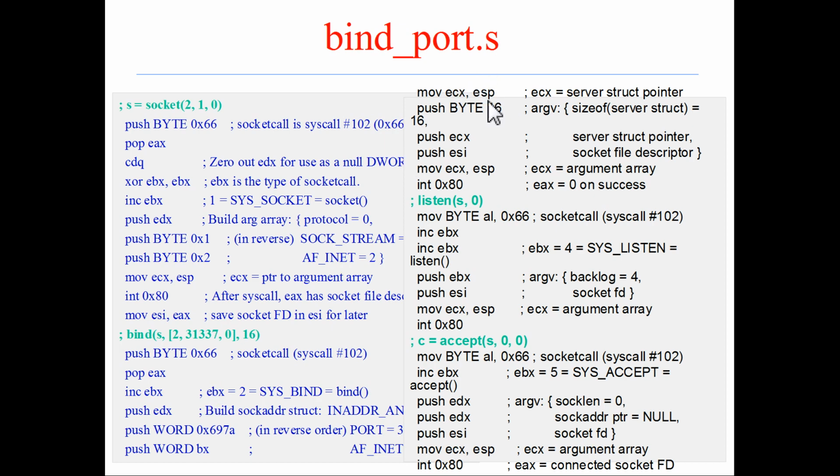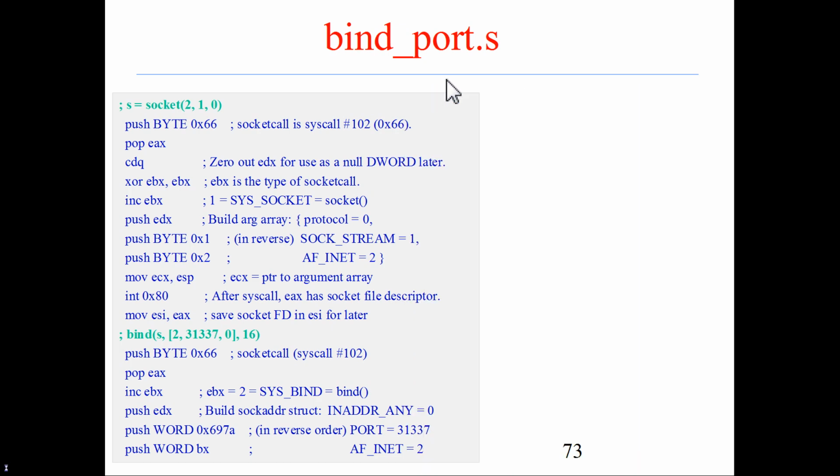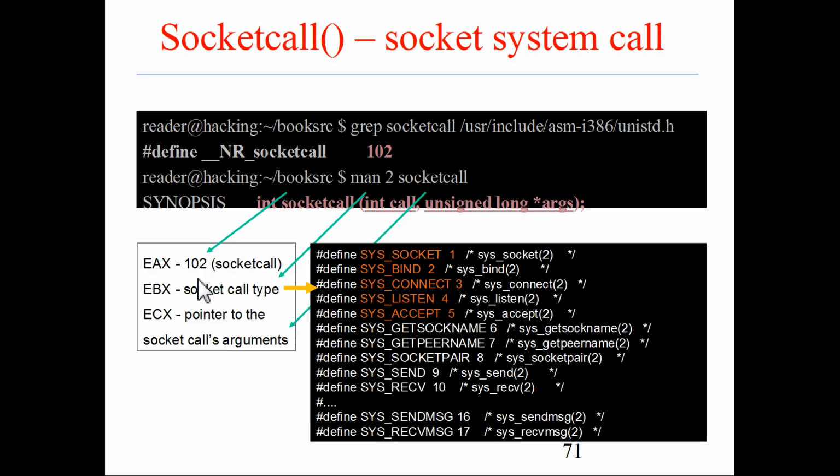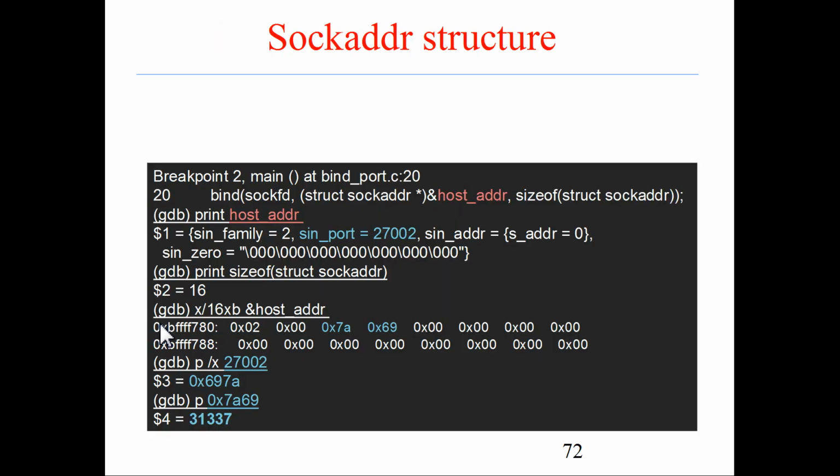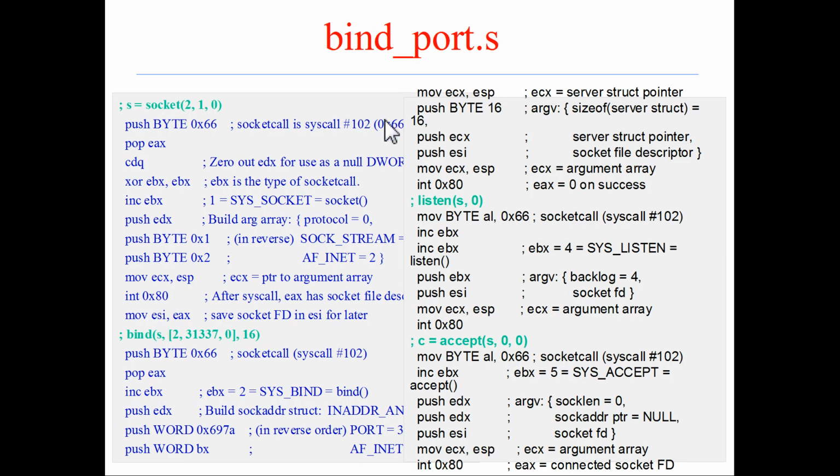And the rest of the code is that we're going to have to move again, after we've pushed all this stuff, to ESP, so we're providing a pointer as the argument here in ECX. This is how this is all handled by socket call.